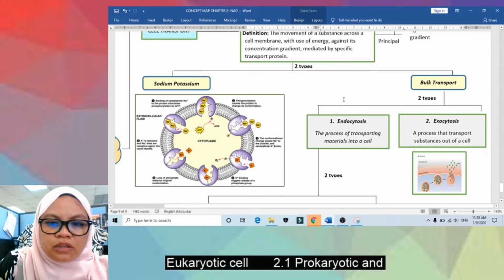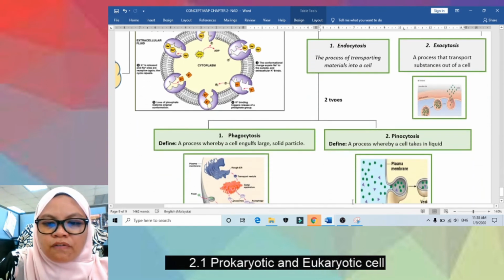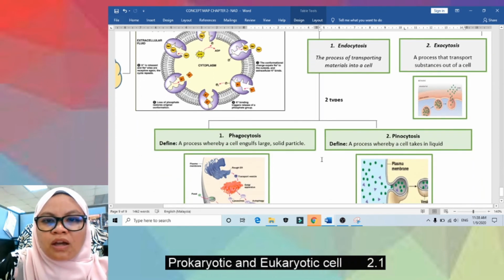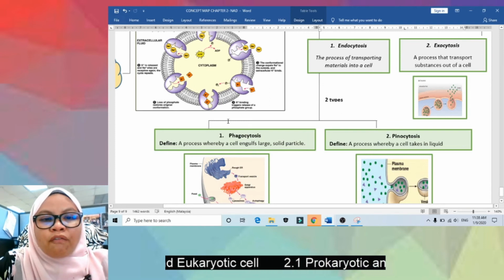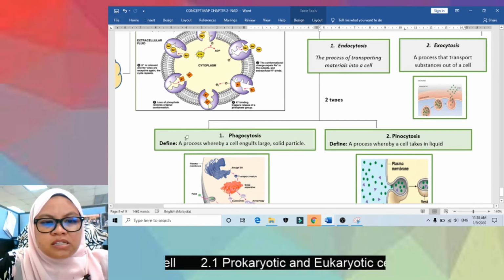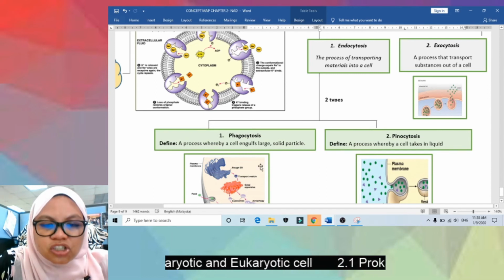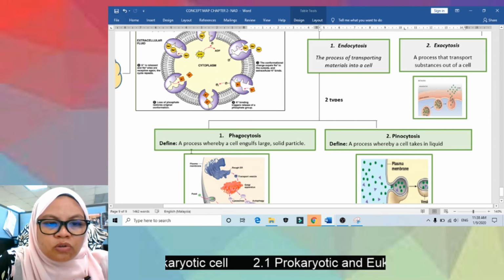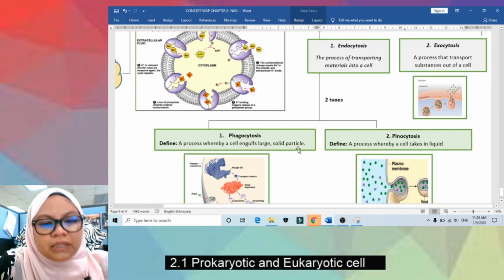Okay, so endocytosis can be divided into two according to the type of material or substance. First is phagocytosis, which is defined as a process whereby the cell engulfs large solid particles.